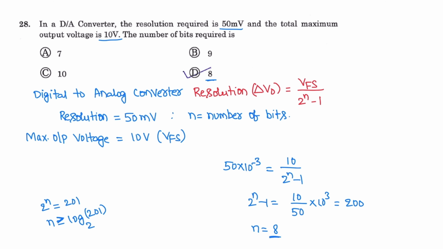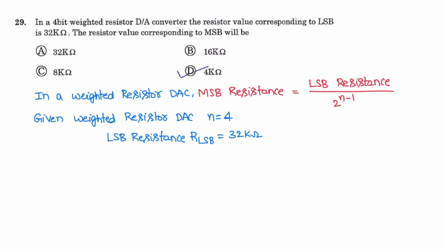Next question. In a 4-bit weighted resistor digital to analog converter, the resistor value corresponding to LSB is 32 kilo ohm. What is the MSB resistance? In a weighted resistor DAC, MSB resistance is equal to LSB resistance by 2 power n minus 1.